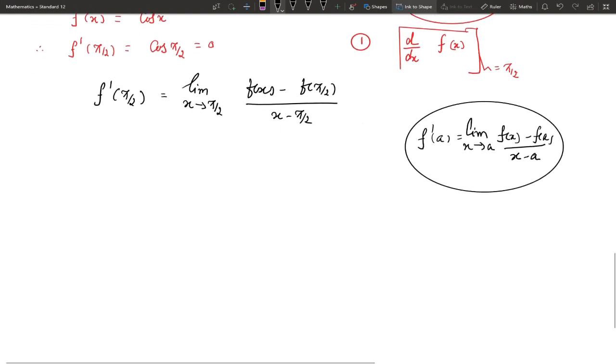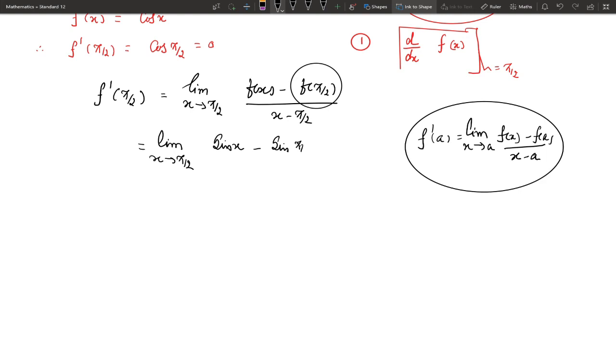So let us evaluate this limit. This is the limit as x tends to pi by 2 of f of x, sin x, minus sin 90, upon x minus pi by 2.